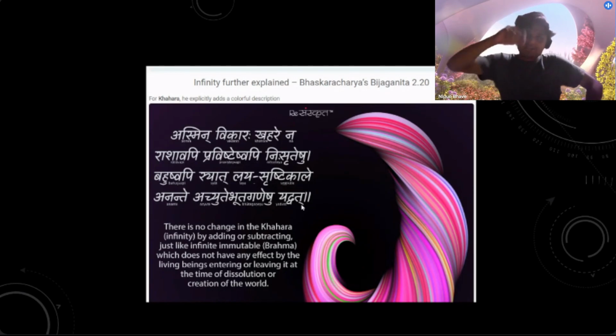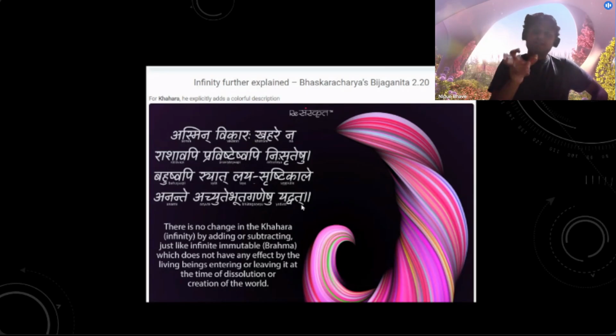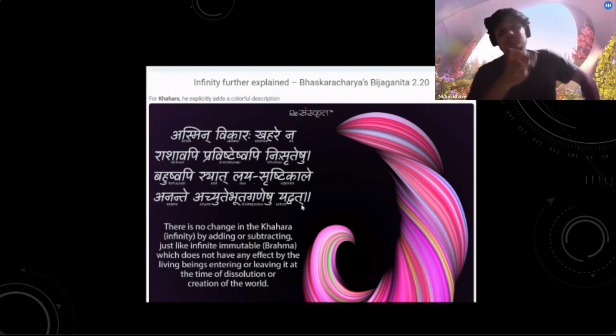Let's say I give you a circle of radius 2 and I ask you to count the number of points on the circle. In both cases, the number of points is infinite, but you can still compare. You can still say that the number of points on the circle with radius 2 is greater than the number of points on the circle with radius 1. Both are infinite, but still you can compare.